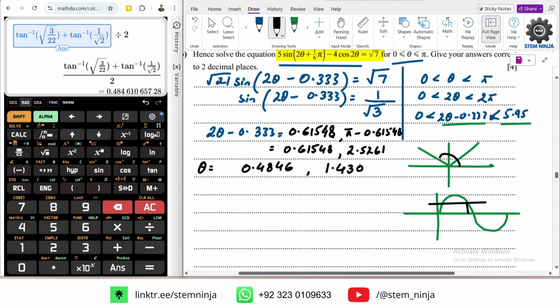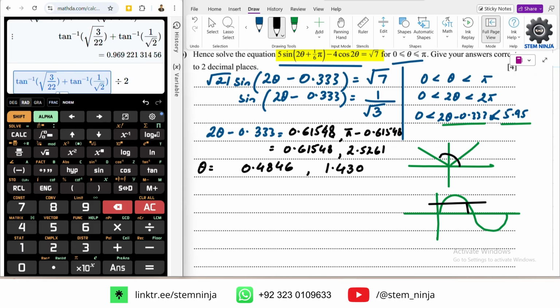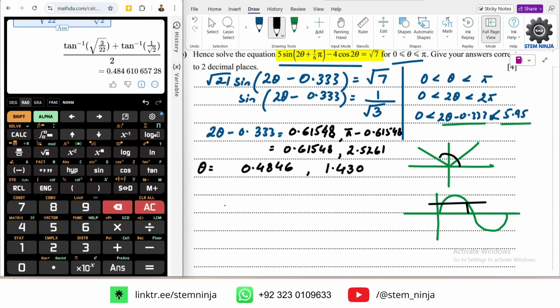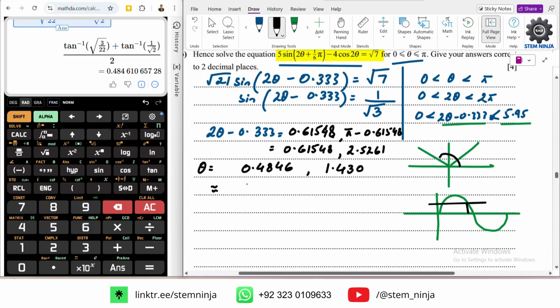The other one was 4.3. Actually, I did not say that. Okay, never mind. We need it up to 2 decimal places, so 0.48 and 1.43.